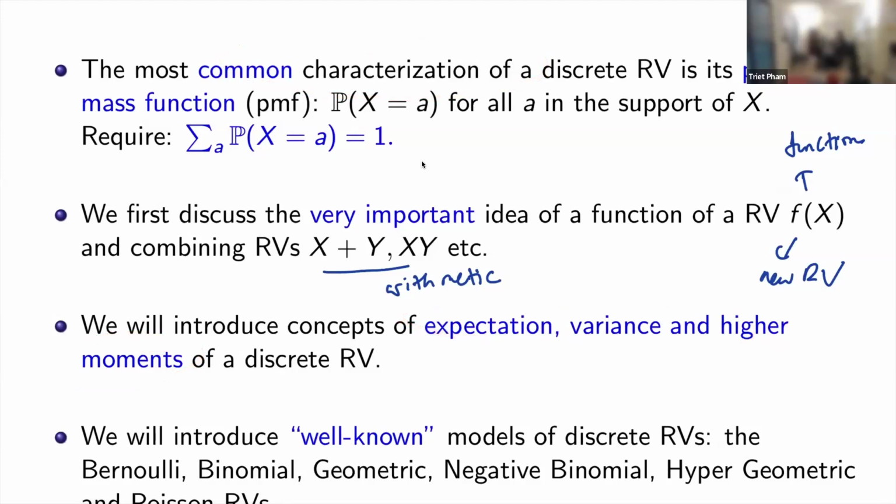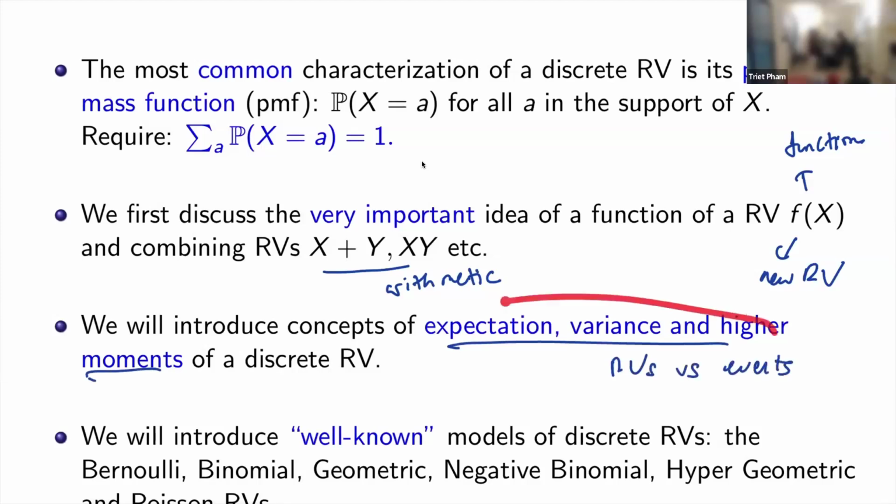No, let's take it back. This is the main distinction, if you will, between random variables and events. Because with events, they don't take on numerical values. So you cannot take expectation, variance and higher moments. Basically, this is concepts of average. And when you want to average, you can only average numerical values. So that's the new feature compared with the probability we've been doing so far.